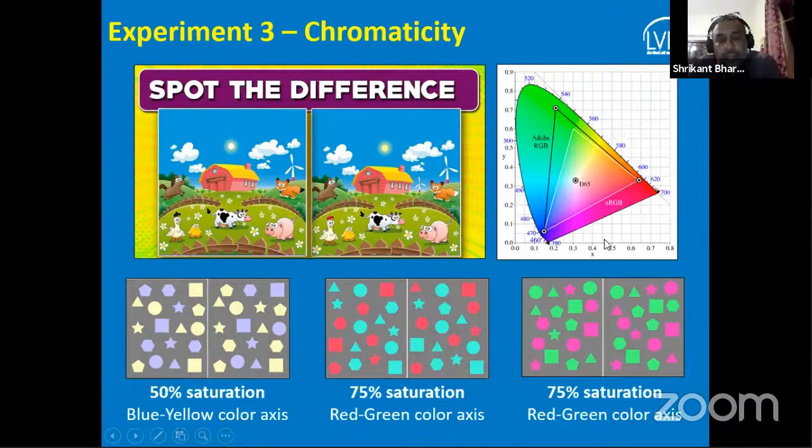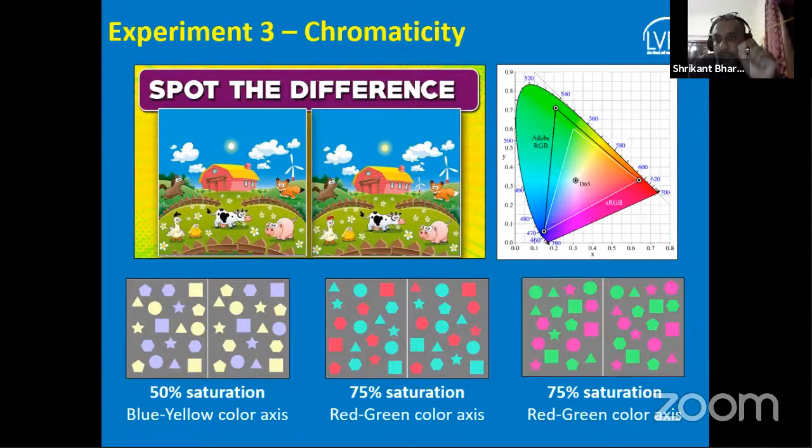And we chose colors on 2 opposing axes, 2 red-green color axes and 1 blue-yellow color axis. So the way we did this was we would pick an image along the red-green axis, and if there is one image on this end of the red axis, there would be another image on the other end of the axis. So the distance between the colors from the white point was always constant.